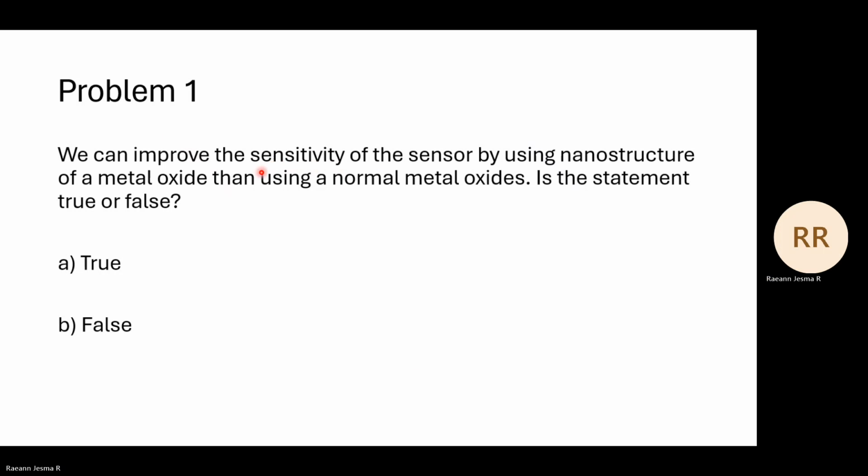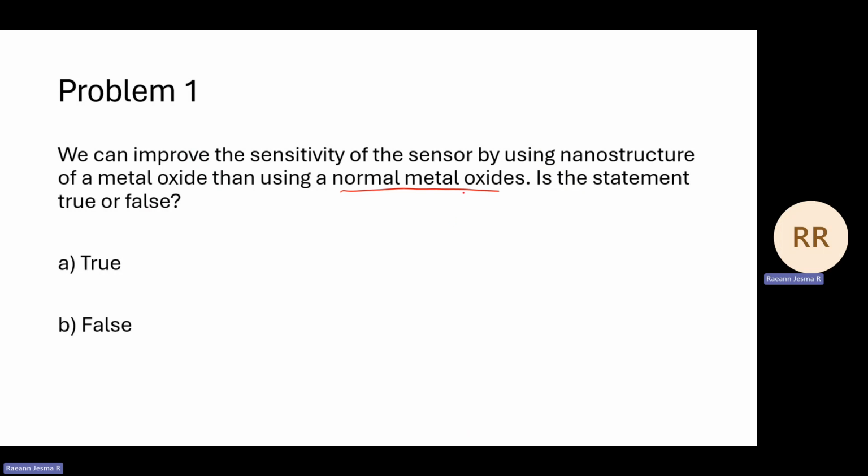Okay. You would have seen that there are certain sensors, especially where they use metal oxides in order to sense whether any material or gas is present or not.